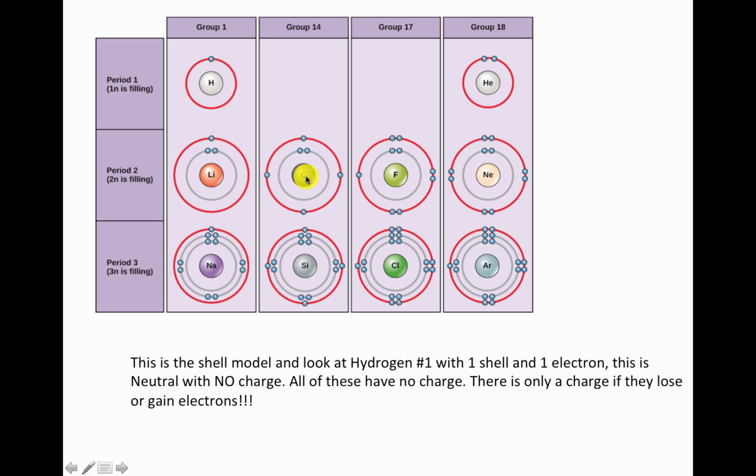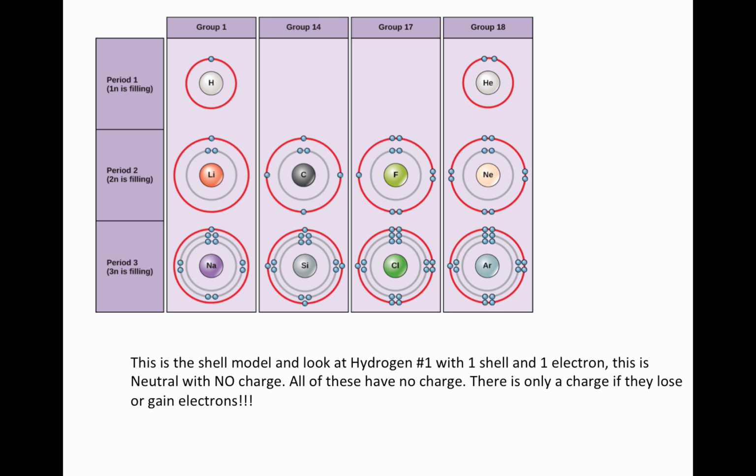Carbon has 6 protons, 6 neutrons. The first shell can only hold 2 electrons, no matter what you do. Never more, always 2, except for hydrogen. Then you start adding electrons to the next shell. The max that any shell can hold is 8.